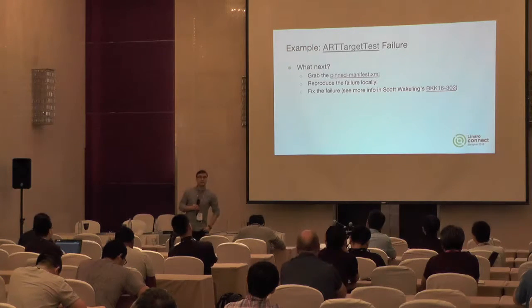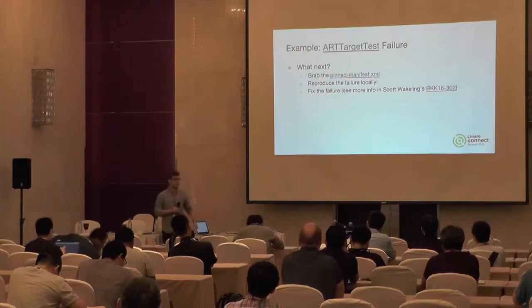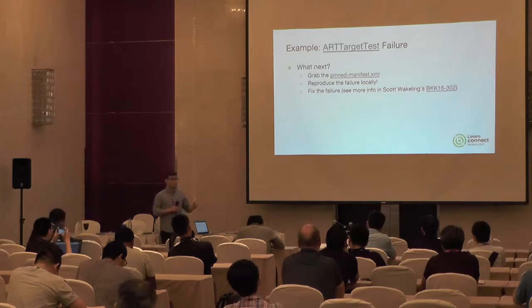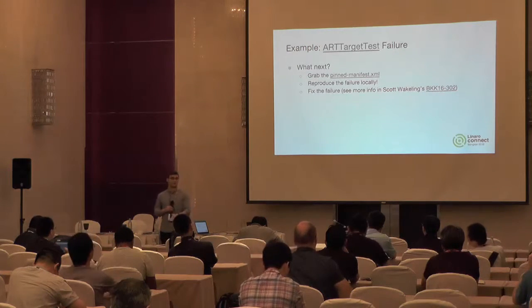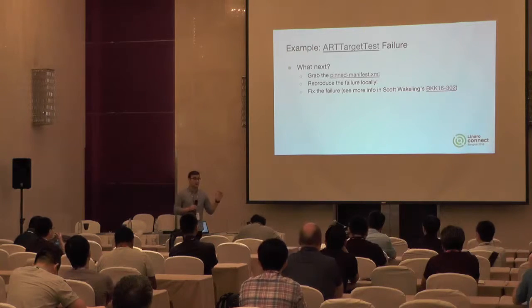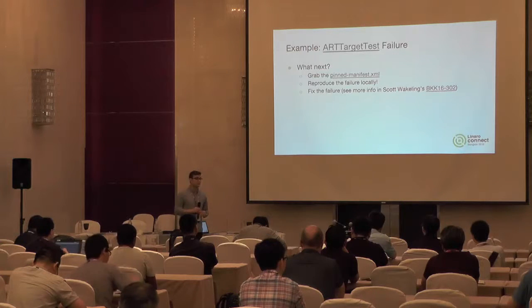We should grab the pin manifest, which would enable us to reproduce the build locally. And we should reproduce the failure running the same scripts that Jenkins does. We're currently working on that. We're hoping to finish some of them through Connect.